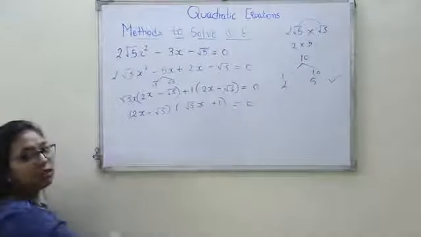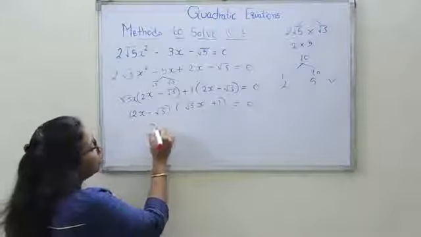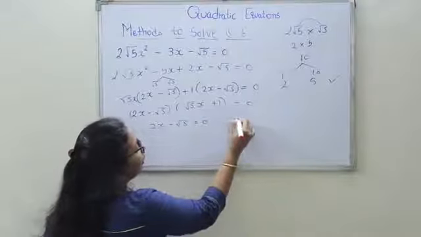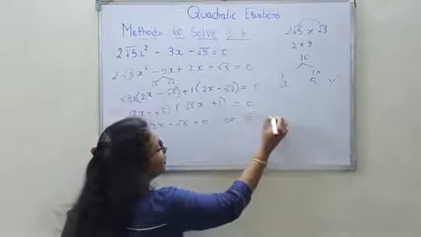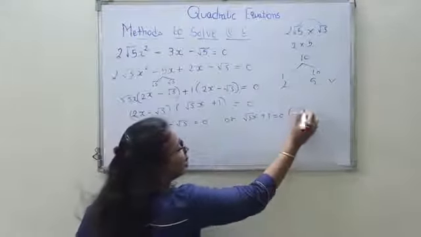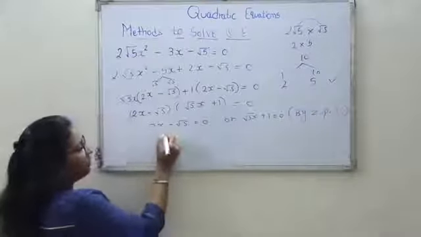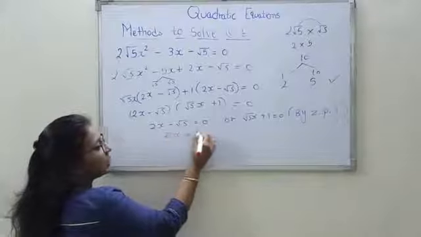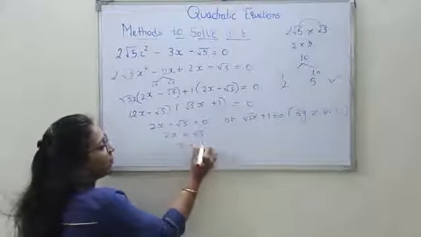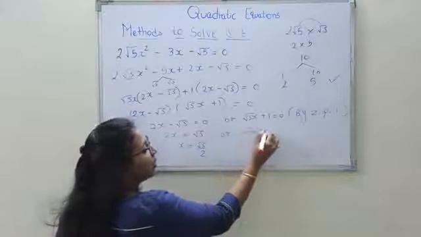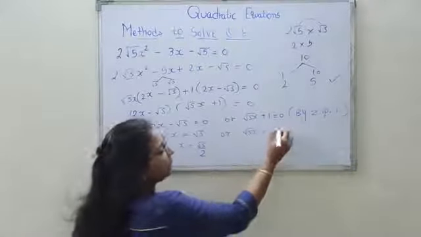Again, applying the zero product law, 2x minus root 5 is equal to 0 or root 5 x plus 1 is equal to 0. Now, solving further for x, 2x is equal to root 5 and x is equal to root 5 upon 2. On this side, root 5 x is equal to 1; we shift it to the other side and it becomes minus 1.